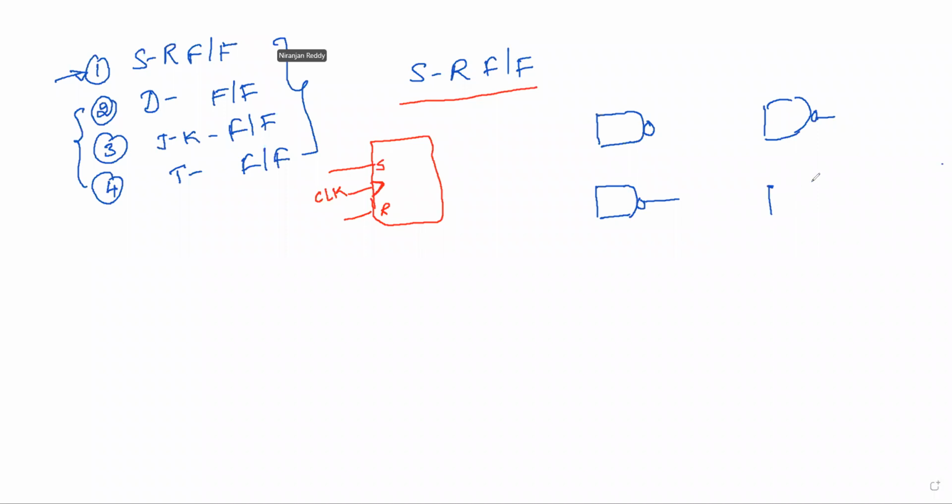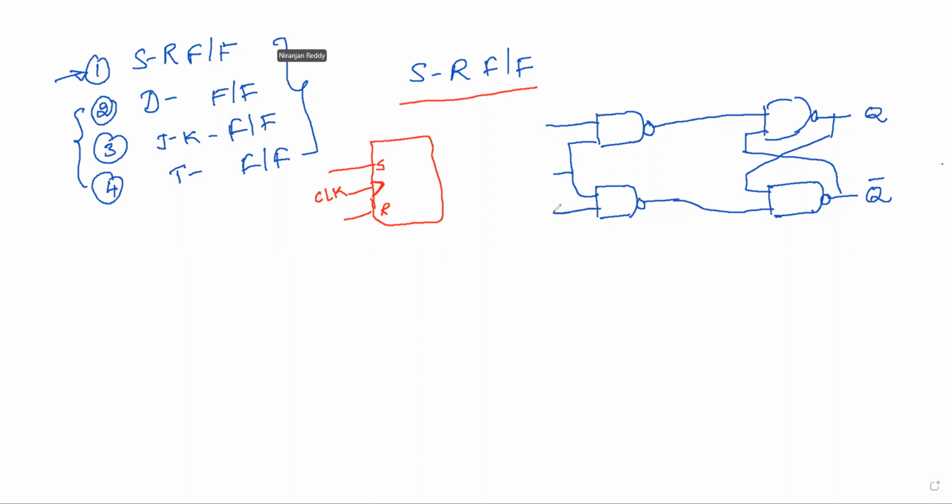Try to recall the circuit from yesterday's class, what we saw in the SR latch. This is Q bar, right? And this is cross coupled. The output of NAND gate 1 comes here, and the output of the other NAND gate comes to this point. In the last class we gave the signal as enable. Now I am giving it as a clock.